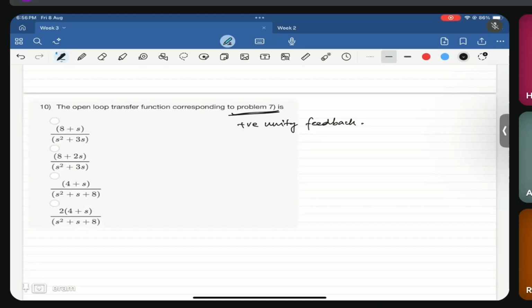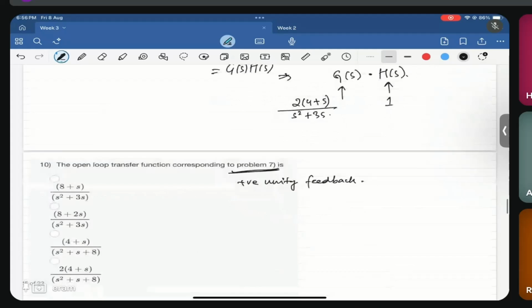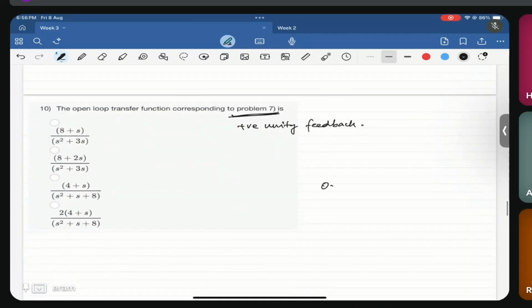B means it will be the same, right? Yes, ma'am. Yes, because the open loop transfer function is G(s) into H(s). Now since we are not giving any feedback, we are not concerned about whether it is negative feedback or positive feedback. We have opened the system.